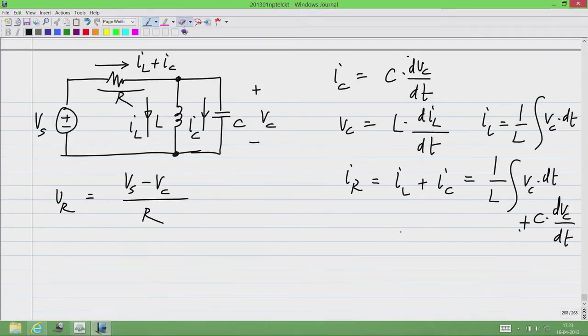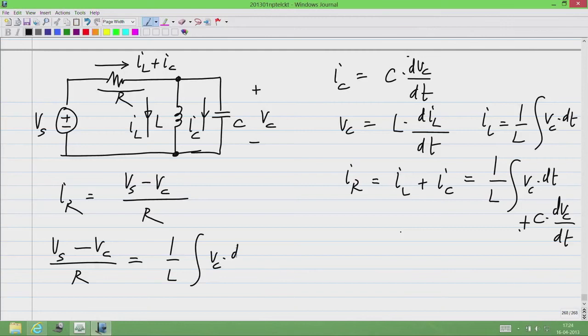Or Vs minus Vc divided by R equals this whole thing, 1 over L integral Vc dt plus C times dVc by dt.